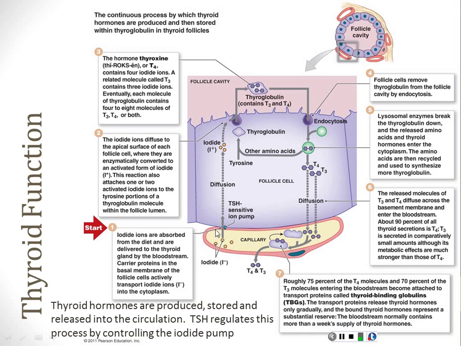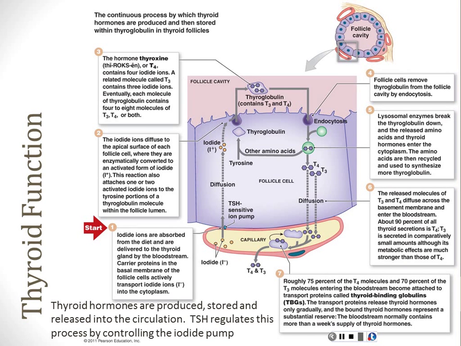So here on the thyroid cell membrane, right here, we have a pump that is sensitive to TSH. Remember, TSH is the message from the pituitary that's going to control the thyroid gland. Well, we know exactly how that message works. And that is TSH stimulates a pump on the cell membrane to pump iodine into the thyroid cell.